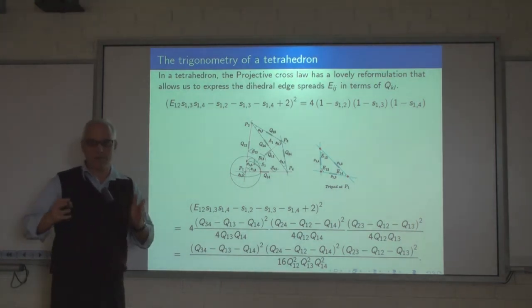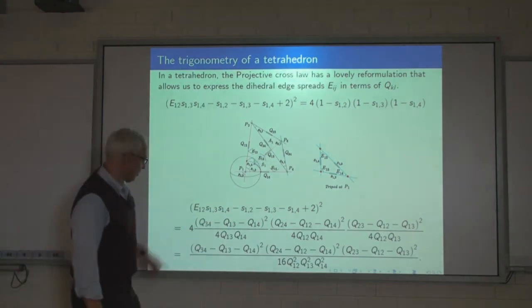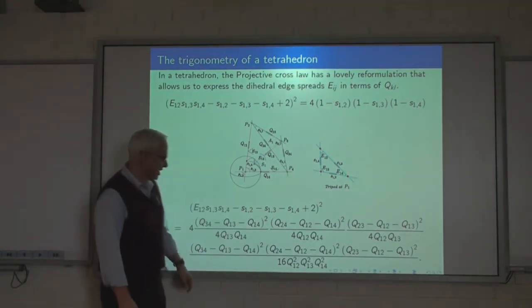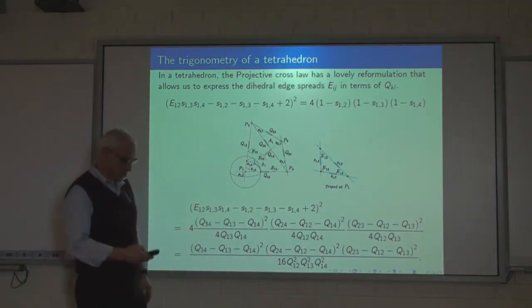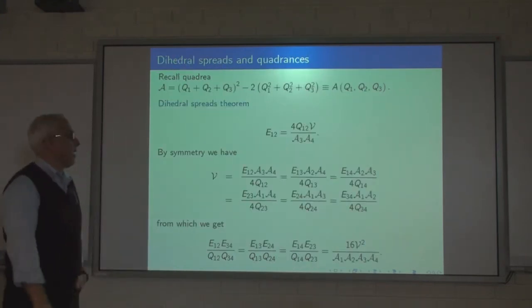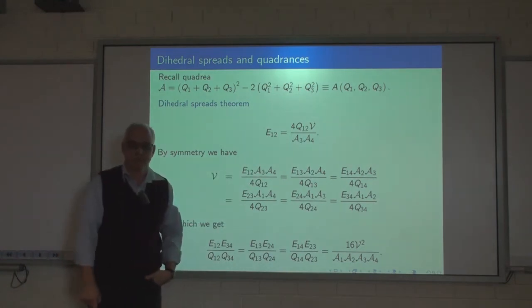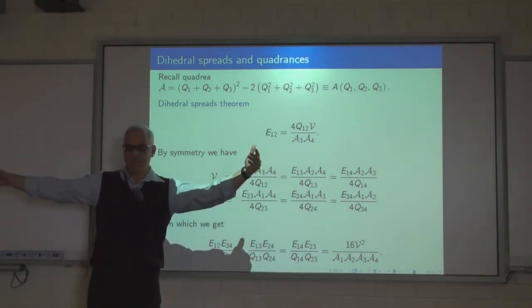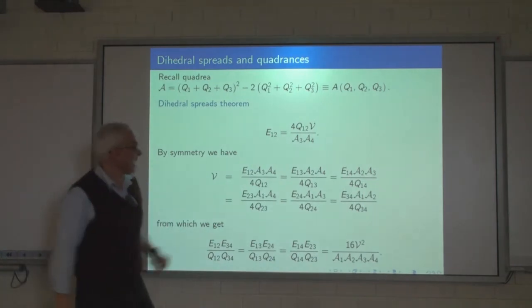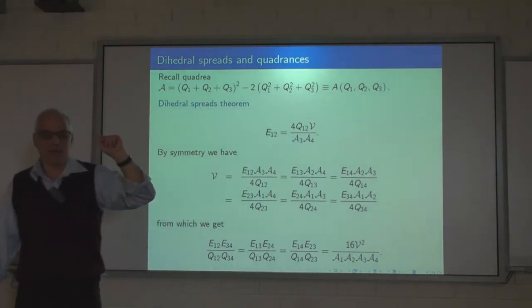Because this is a major formula now. So once we've unraveled this, we replace all the Sij's with the corresponding expressions in the quadrances. We get a formula for, say, the edge E12. And it's a big formula. It's a big formula because it contains in the numerator the quantity V. What was V?